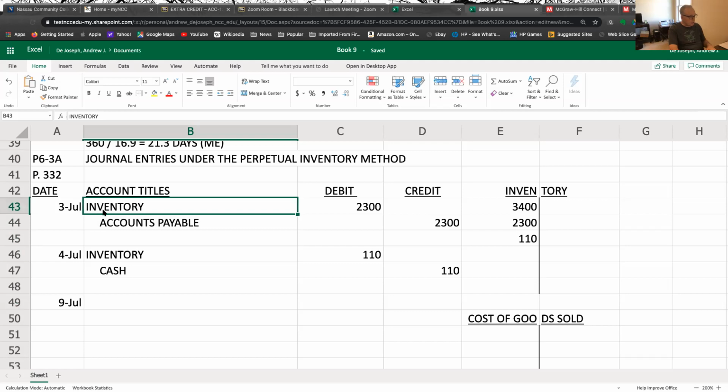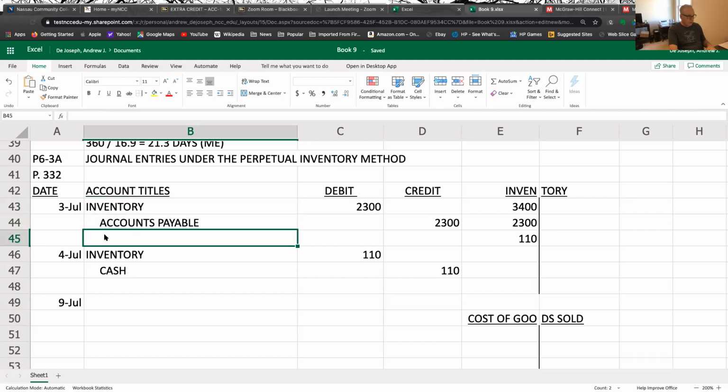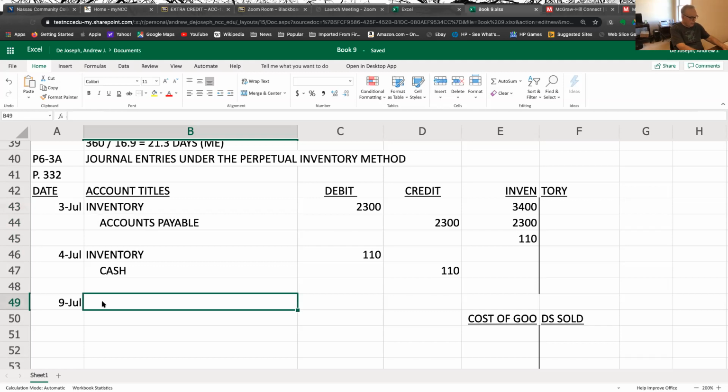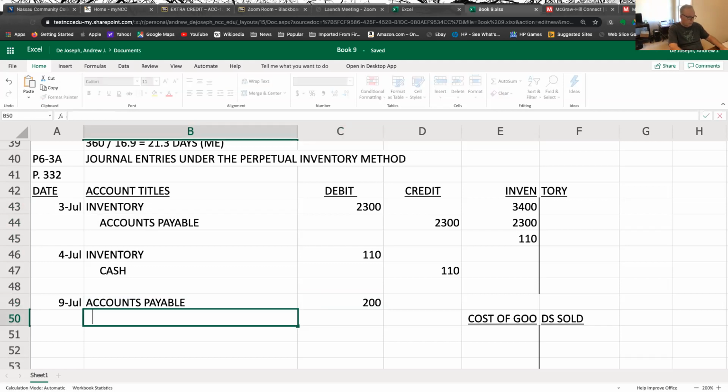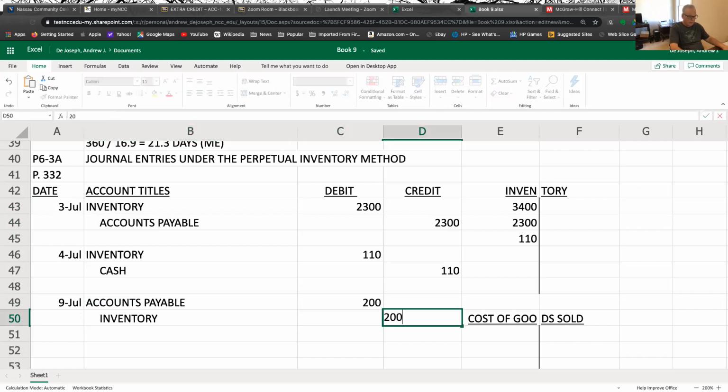If this is what you do when you buy them, shouldn't you do the opposite if you return them? So on July 9th, I'm going to debit accounts payable for $200 and credit inventory for $200.